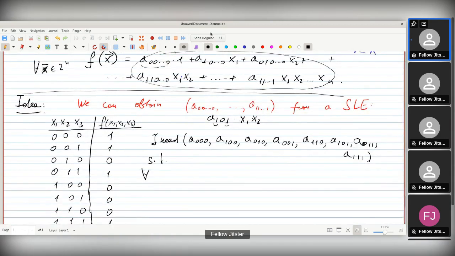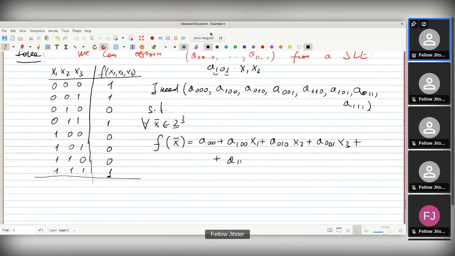such that for every x, for every tuple of length 3, in this case, the following equation holds. f of x equals a000 plus a100 x1 plus a010 x2 and so on, x1 multiplied by x2, x1 multiplied by x3, x2 x3 and the last one.